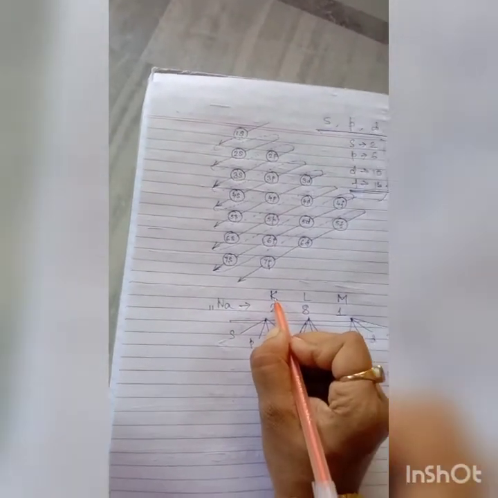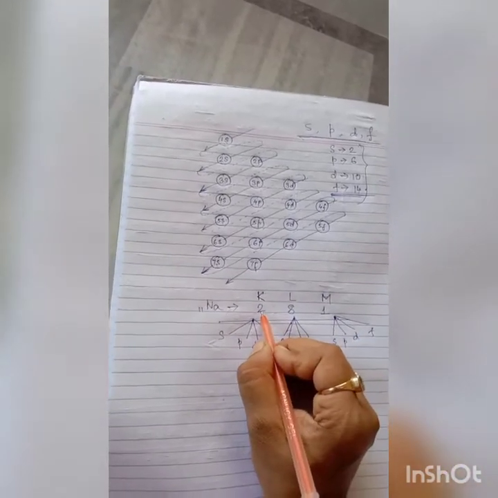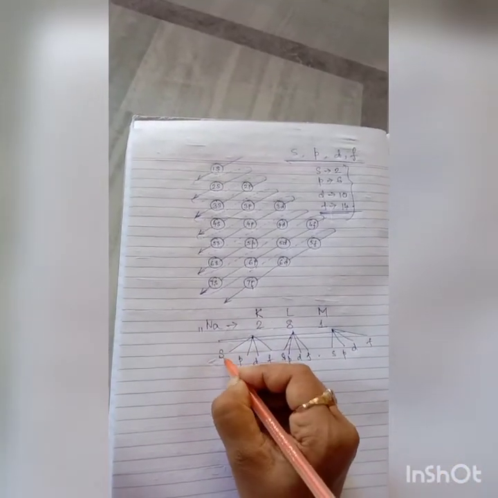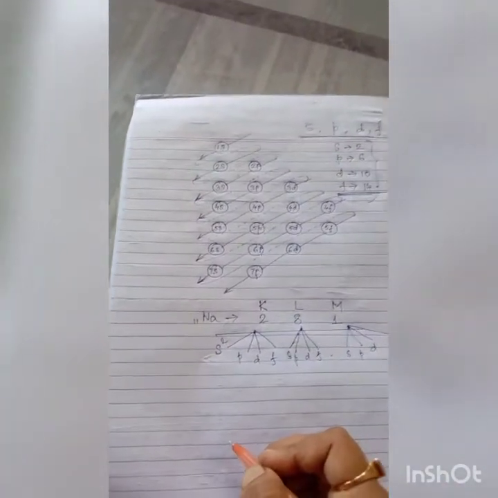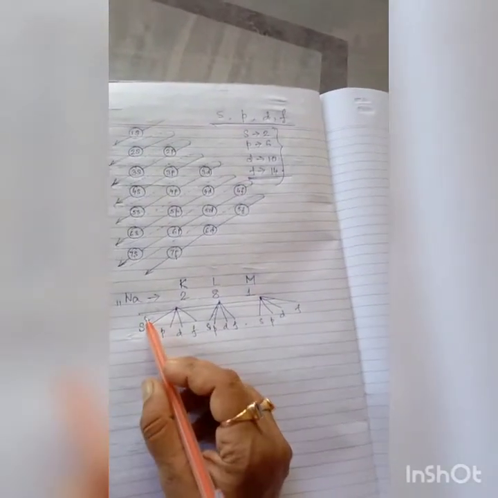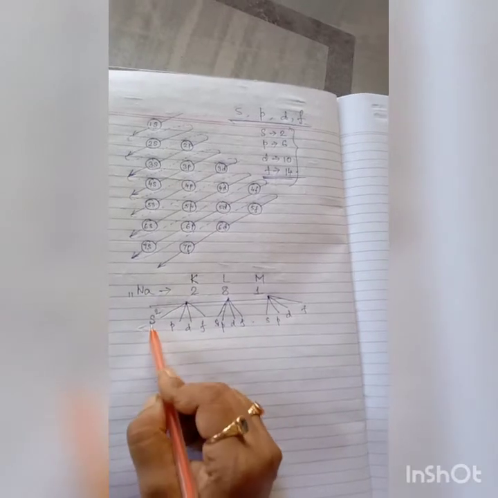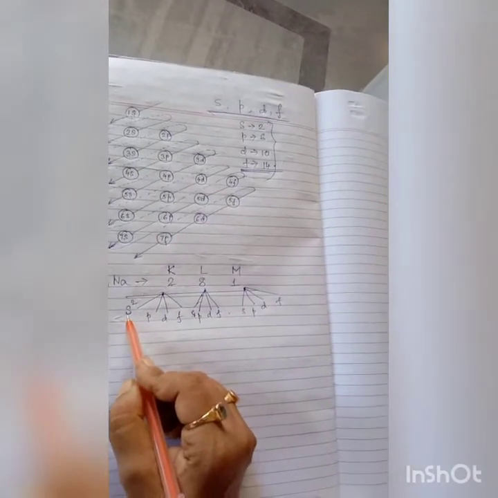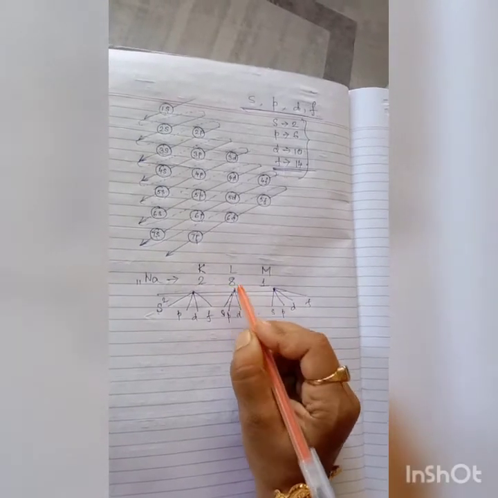Okay, so in the K shell, the number of electrons is 2, and the 2 electrons will be in the s orbital, because the maximum electron holding capacity of s is 2. Then in the L shell, there are 8 electrons.